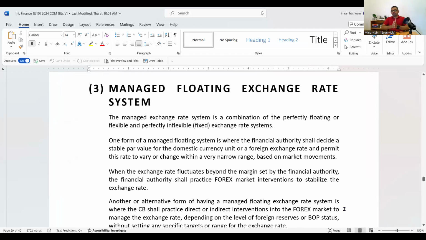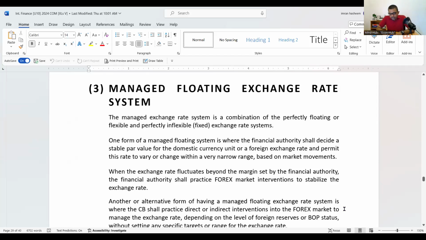Right. So, basically, the general understanding of a managed floating system is that the exchange rate is allowed to float, meaning to be decided by demand and supply forces, but the exchange rate will fluctuate, appreciate, depreciate within a certain, rather narrow range that is determined by the central bank of the country.